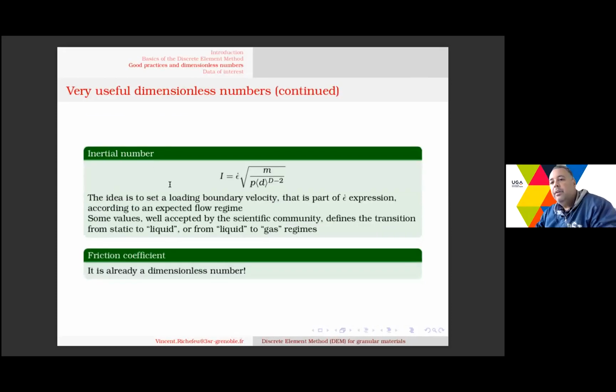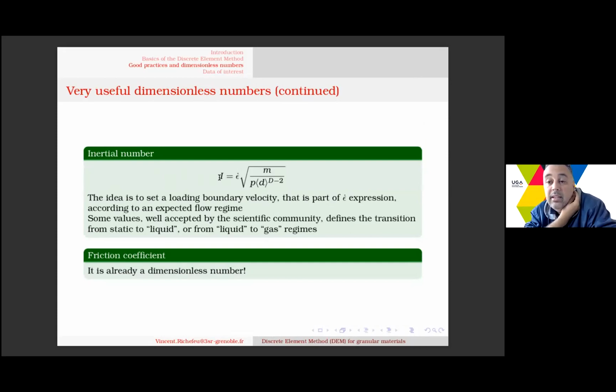Inertial number, I think Jean-Noël also told you about it, for those that have seen the talk of Jean-Noël and Farang. This is a common number used by the community of physics that works on granular materials. This value, I, will tell you in which regime you are.